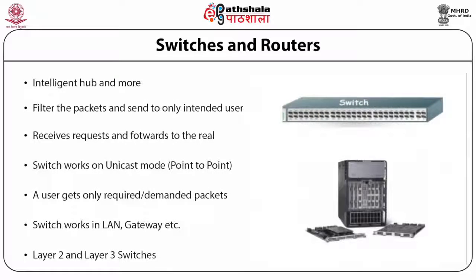Now if we want something more advanced in a network, instead of using a hub, which is a connecting device that broadcasts the packet, meaning any packet that comes is sent to all computers where it is connected, we can also use a switch, where the device will understand where the packet should go.